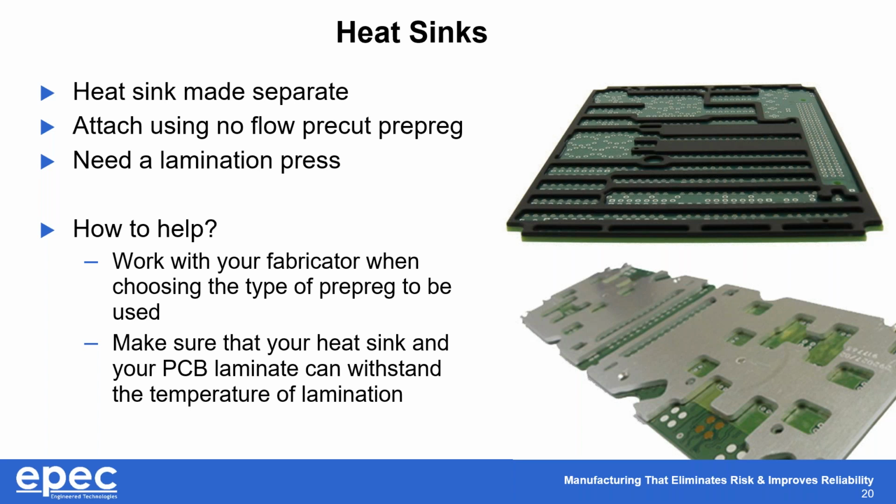That's why it's really important to get with your fabricator and talk through what you're trying to accomplish so that we can help you, because if not, it becomes really difficult. Now you're talking about, okay, we're building an FR4, but we have to use a PTFE or a polyimide prepreg because this piece of aluminum is going to suck all the heat away from the prepreg and we can't get good flow. So it's beneficial to work with your fabricator to make sure you've specified the right material when you're looking at heat sinks.